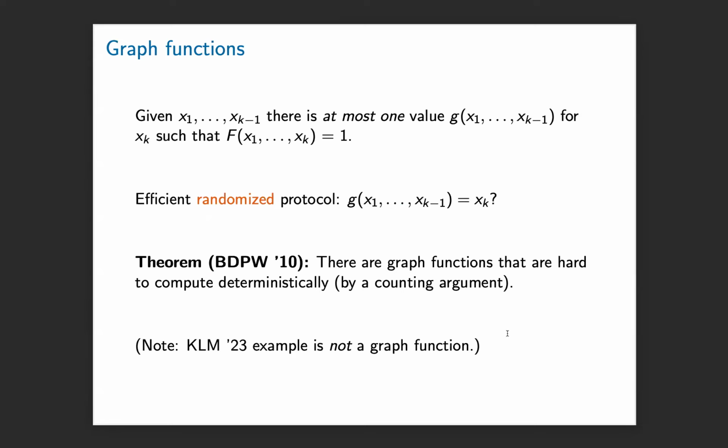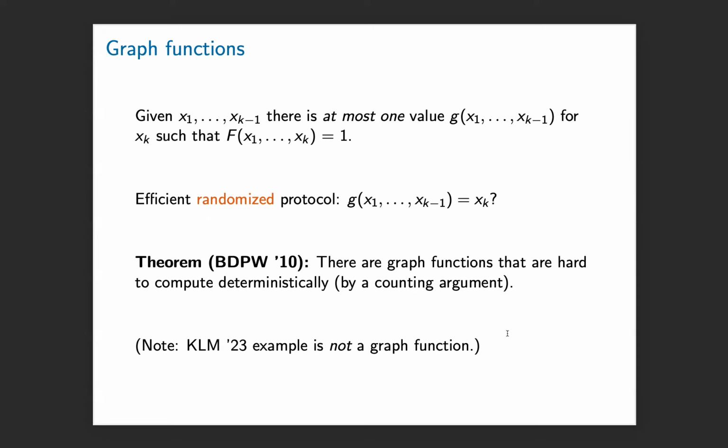So exactly n is a graph function, and that's one of the big reasons that people want to analyze it. And any graph function will have an efficient randomized protocol of the form that I described for exactly n. You just have the kth player compute the value g of x1 through xk-1.